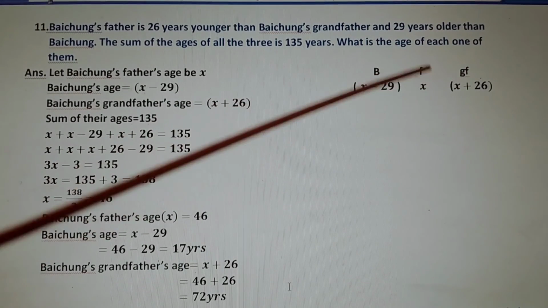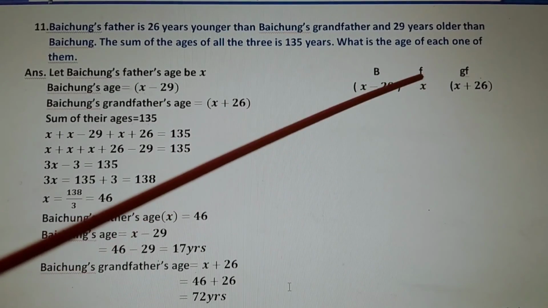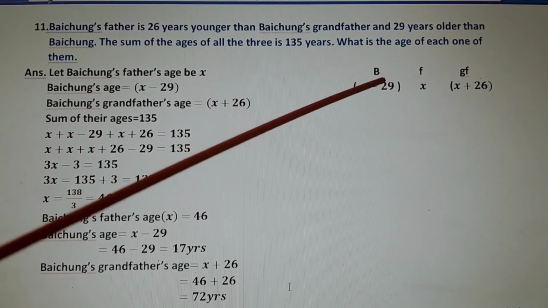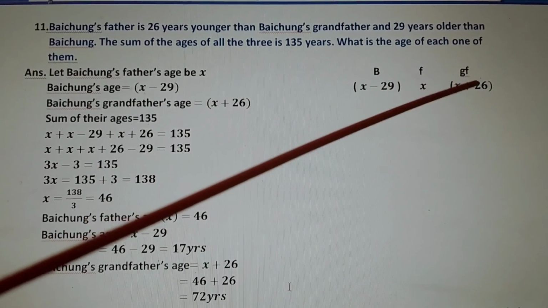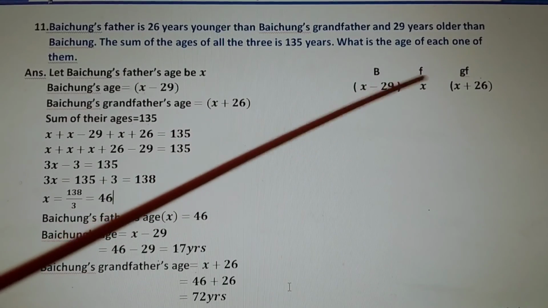Here we can take the father's age be x. Then Baichung's age is 29 years younger. That is x minus 29. Baichung's grandfather is 26 years older than his father, that is Baichung's father.